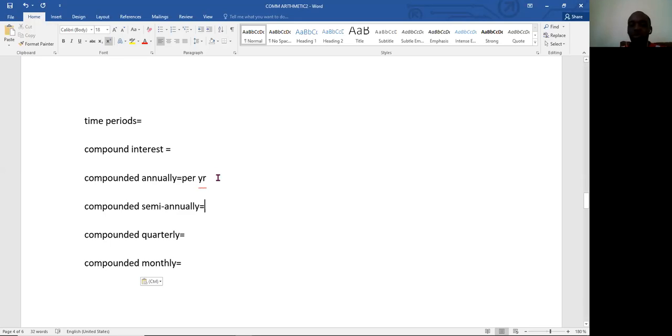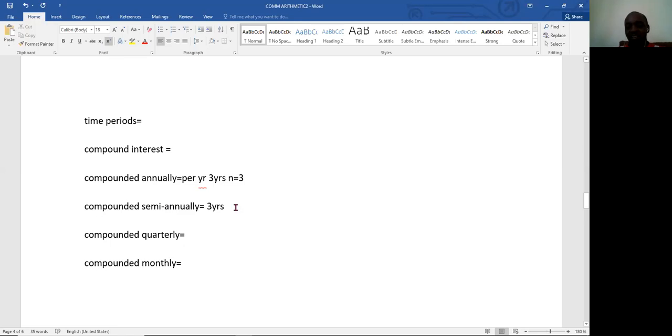When it comes to n, for example, if it is compounded annually for 3 years, your n now becomes 3. But if it is compounded semi-annually for 3 years, what does that mean?